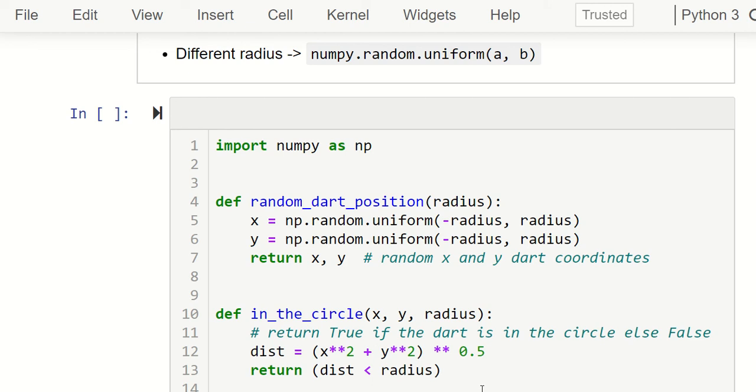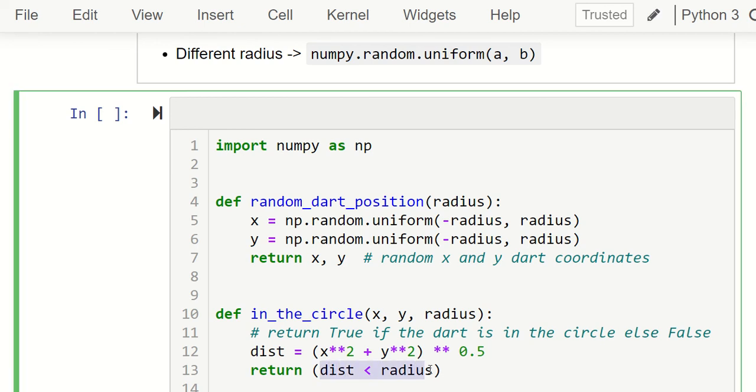If distance is smaller than radius, it means that the dart is inside the circle, because the distance from the origin to the dart is smaller than the radius of the circle. Then what I've highlighted will evaluate to true, and it means here I'm returning true.